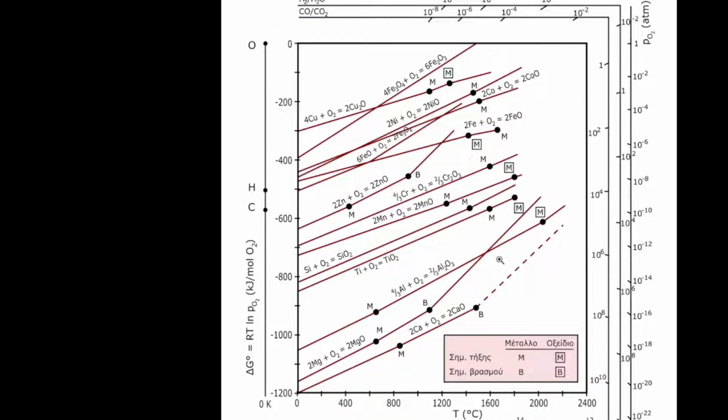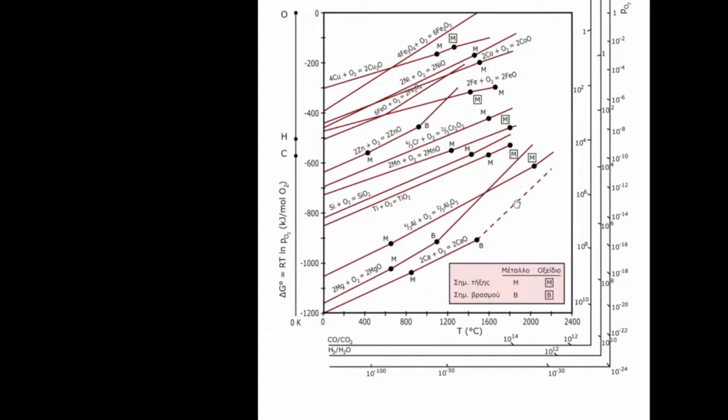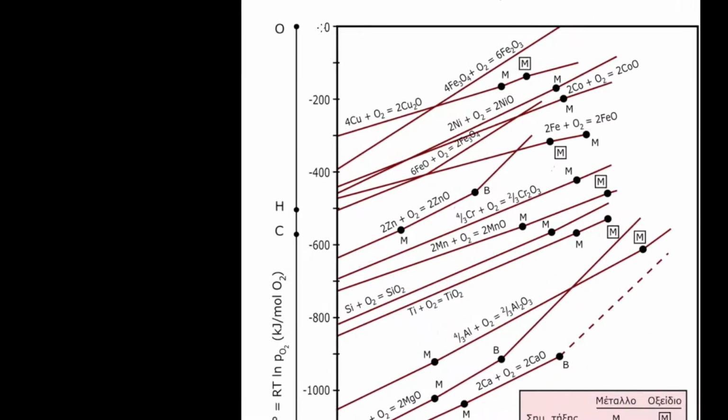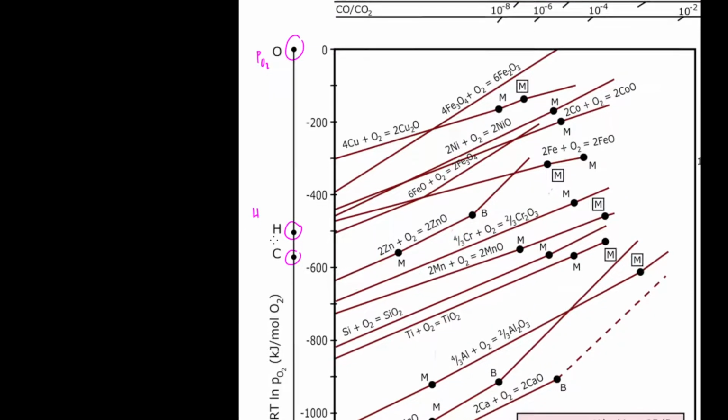Or mas extensive tong graphs na dito. Okay? So, again, meron siyang O, this is the oxygen na indicator or marker. Ito yung H na marker, tapos meron siyang carbon na marker. So, again, this is for finding PO2. This is for finding the H2H2O ratio.